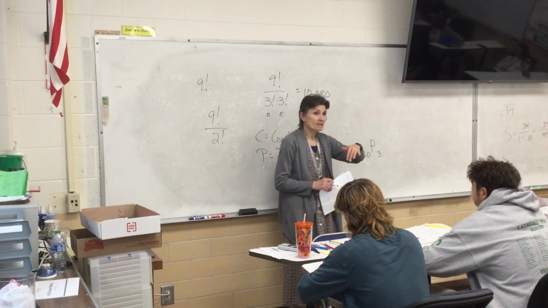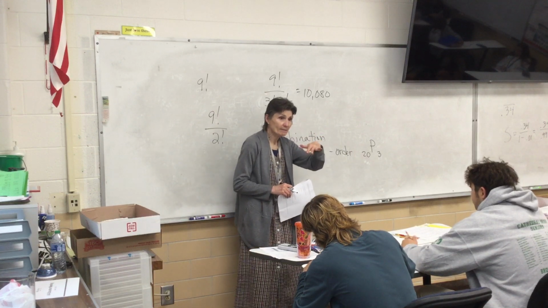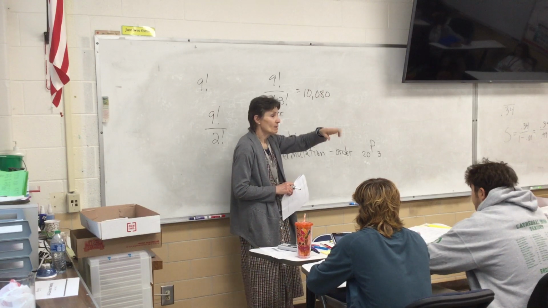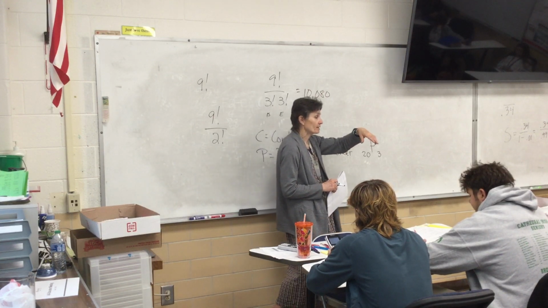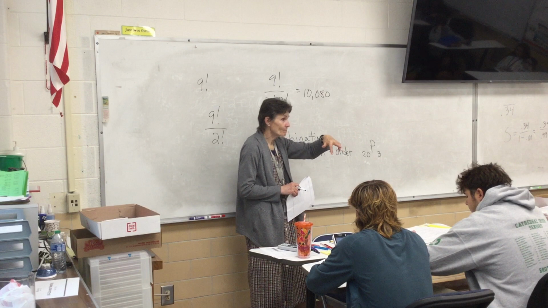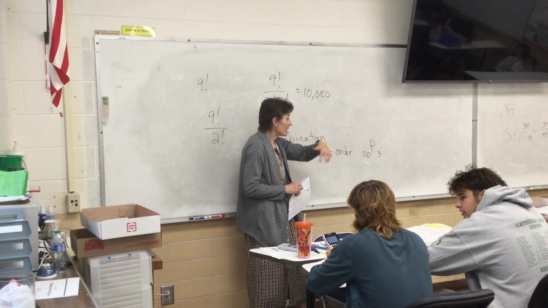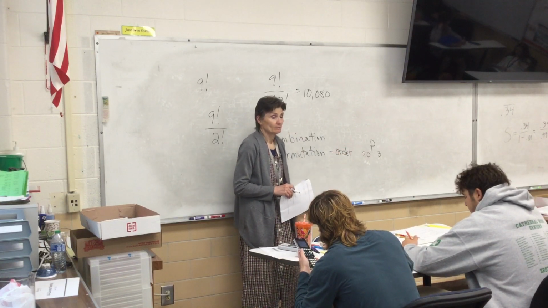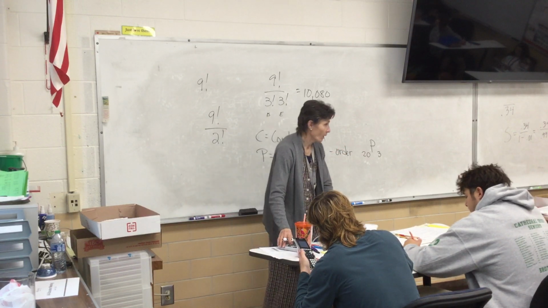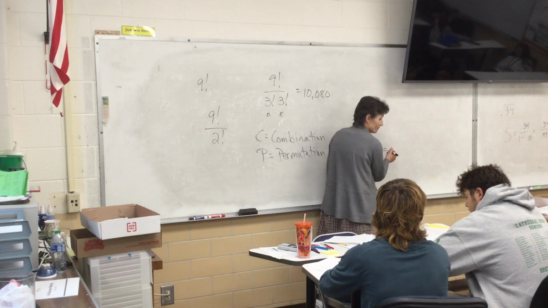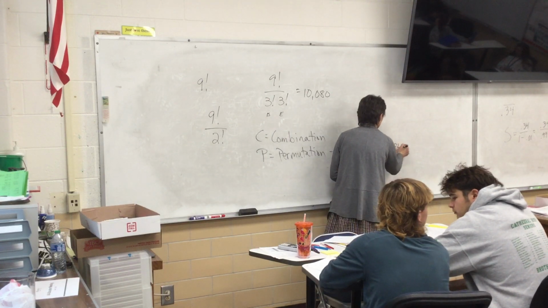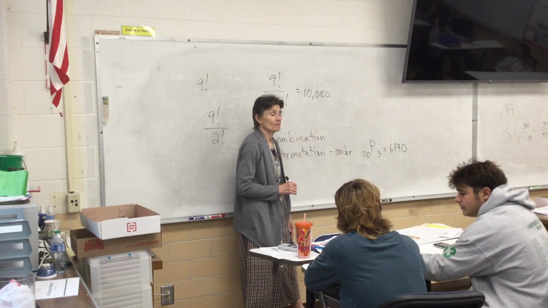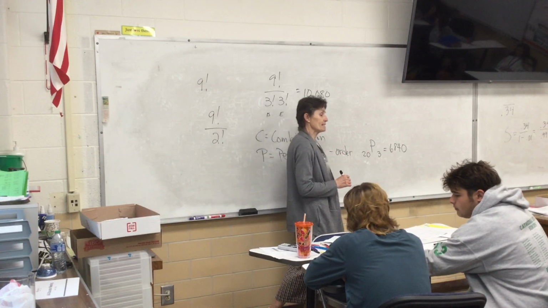So when I type this in on my calculator, I hit 20, then I go to where my factorial is, math, prob, only I don't pick the factorial, I pick the nPr button, and then hit 3, and it should give you the answer. Right? Which is what? 6,840.